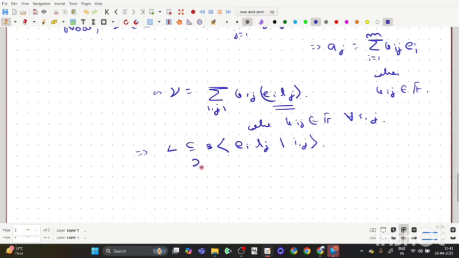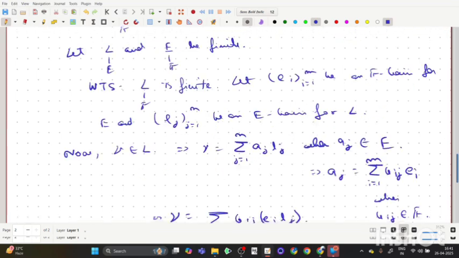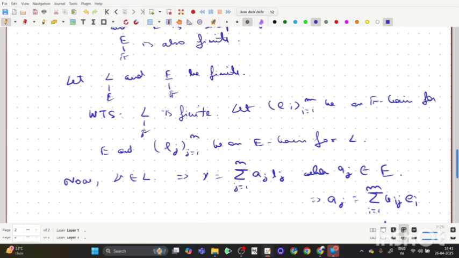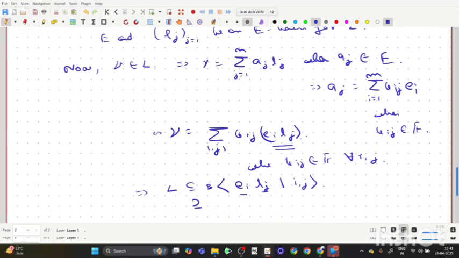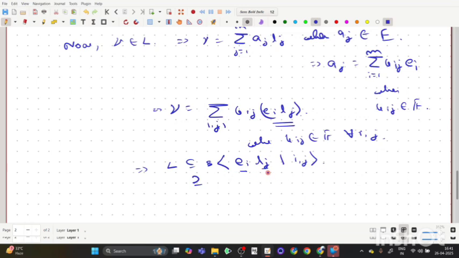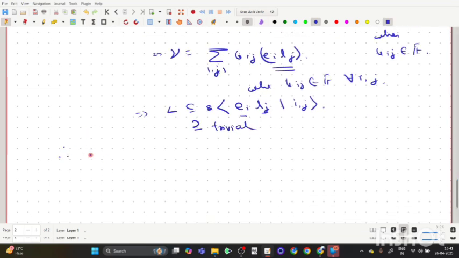And the converse is immediately true, right? Because each of these e_i's and each of these l_j's are in some sense in capital L. These e_i's were chosen to be an F basis of E, and E is contained in L, so each of these e_i's must be in L as well. Each of these l_j's are also in L. So e_i l_j is in L, so a linear combination of e_i l_j's should also be in L. So this is trivial, right? So what we have proved, therefore, is that L is the span of e_i l_j.